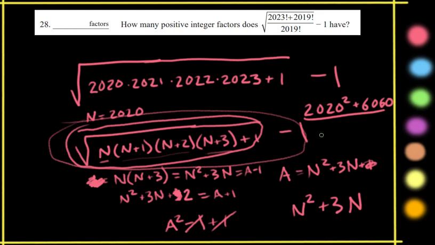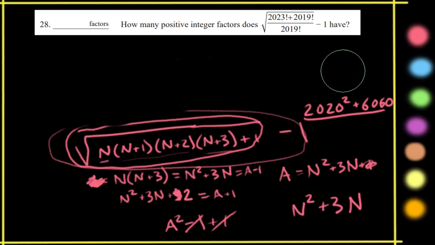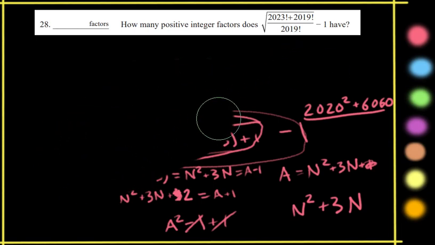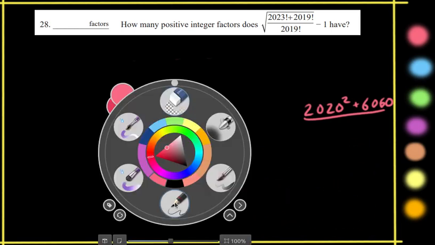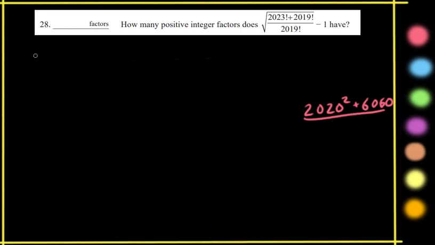Okay, so, well, let's see. We could definitely divide by 20. Let's make some room here. We don't need this anymore. Okay, so we want to know how many positive integer factors we have from 2020 squared plus 6060.